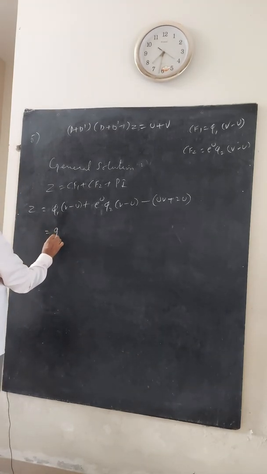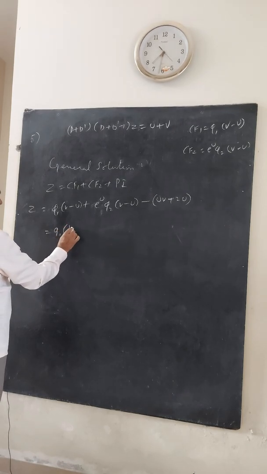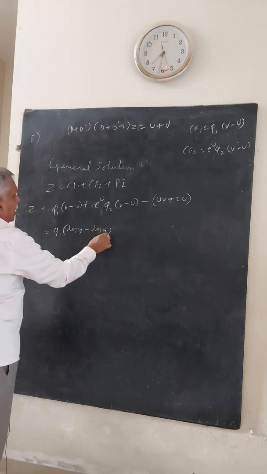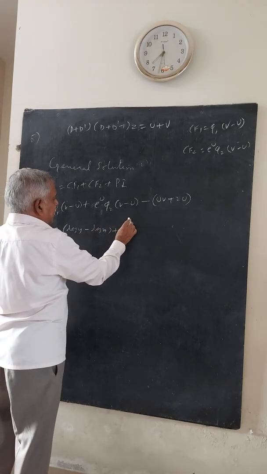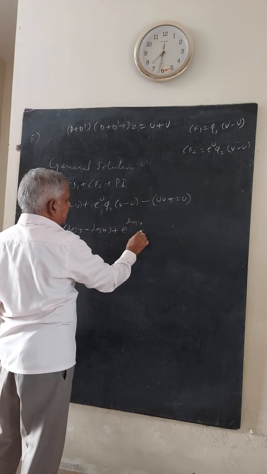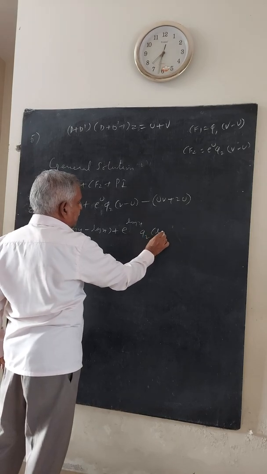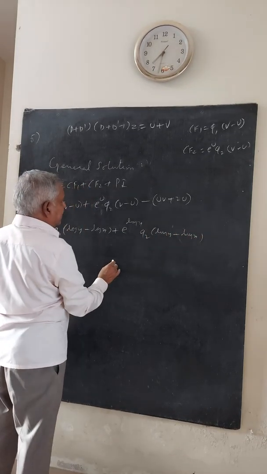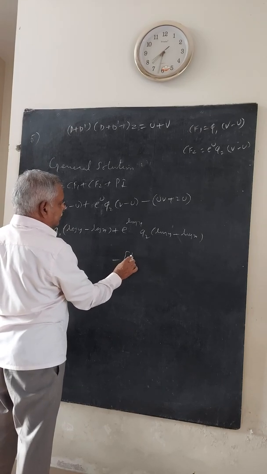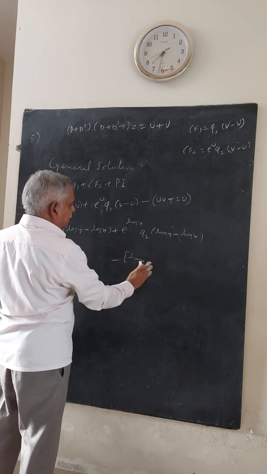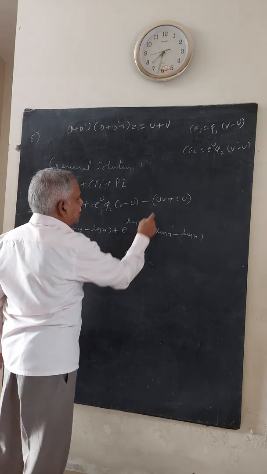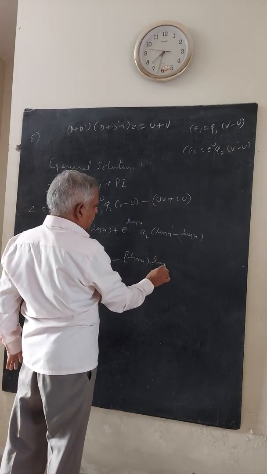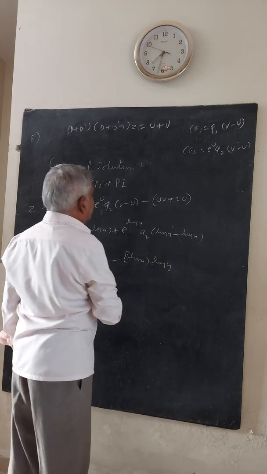Equal to phi 1 of v, v is log y minus log x, e power log x phi 2 of log y minus log x, minus log x into log y.